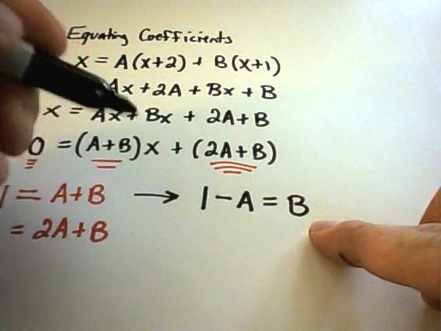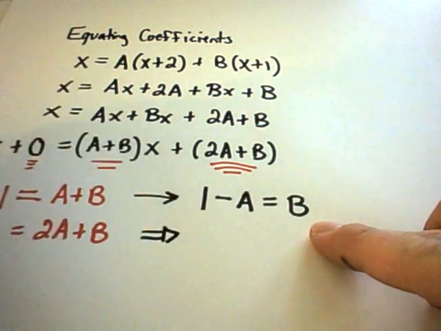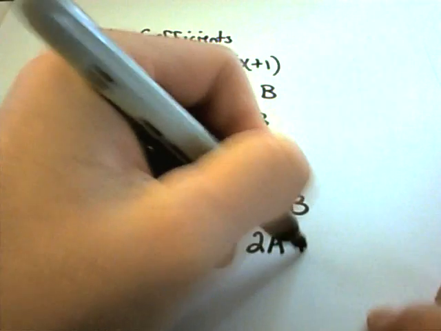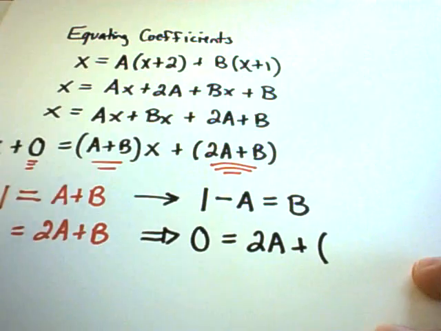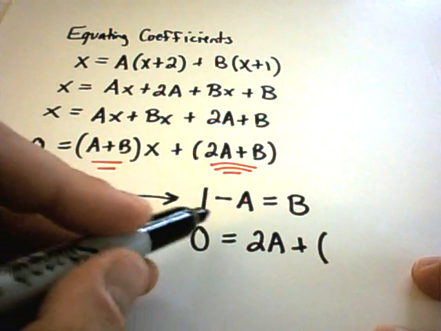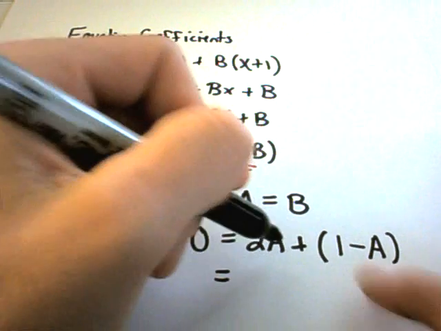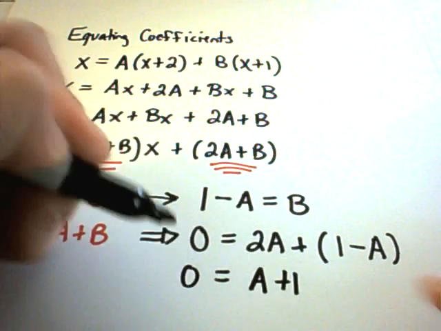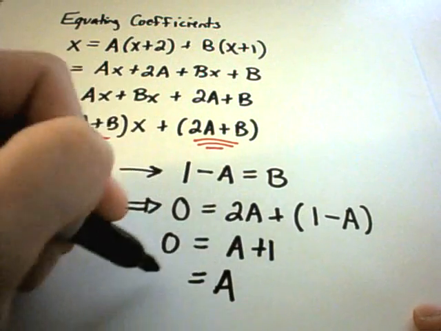So now I'm going to plug that into the second equation. It says 0 equals 2a plus b, but b in this case is 1 minus a. So if I solve this, I'll get 2a minus a, which is a, plus 1 equals 0, and I'll get a equals negative 1.